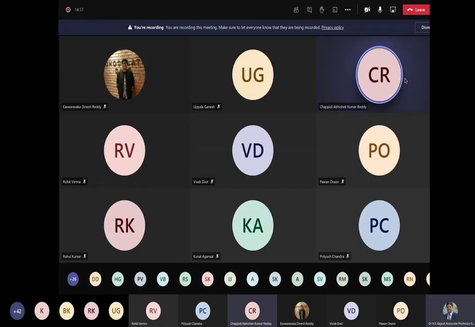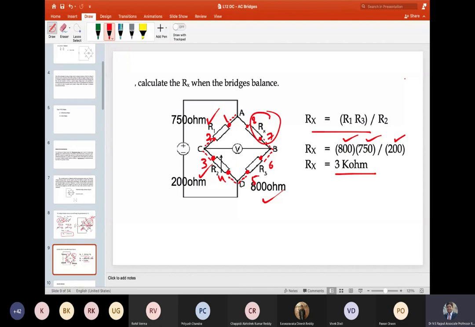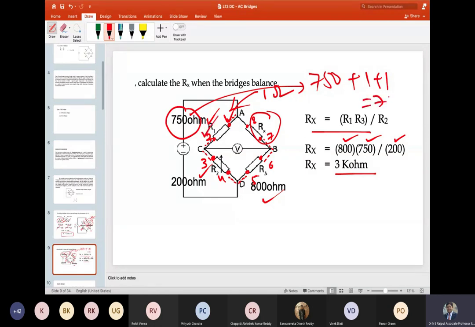Yes, sir. Okay. So if I say, let's take a closer estimate, say 1 ohm, so I have 8 contacts. Since this value is 750 ohms, so 750 plus 1 ohm on this side plus 1 ohm on this side, this value has become 752 ohms. Similarly, other values.